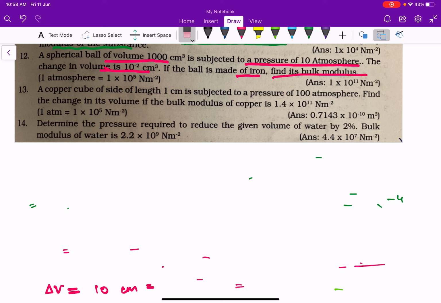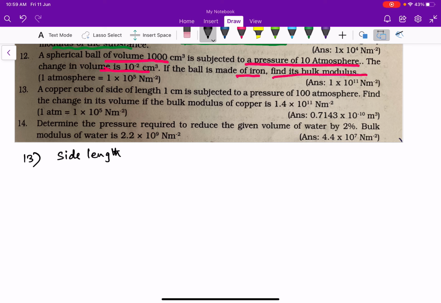See here, a copper cube of side length 1 centimeter is subjected to a pressure of 100 atmospheres. The side length of the cube A is 1 centimeter, so the volume of the cube is A cube, that is 1 centimeter cube, which is 10 to the power of minus 6 meter cube in SI units.